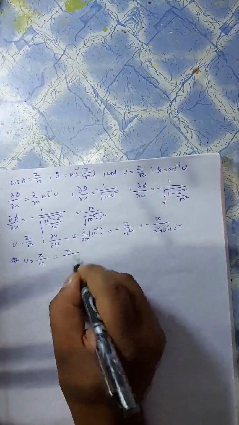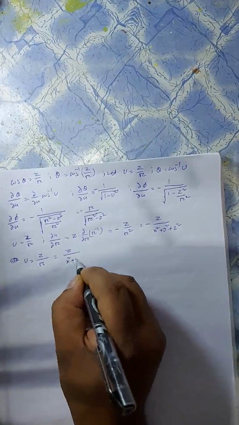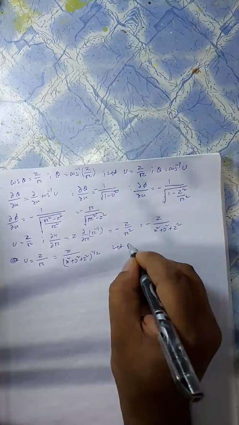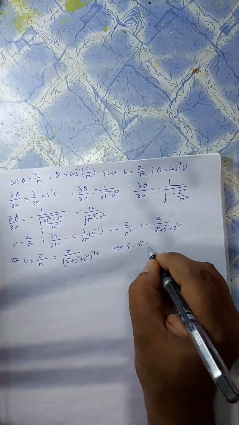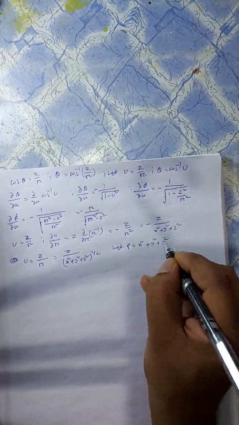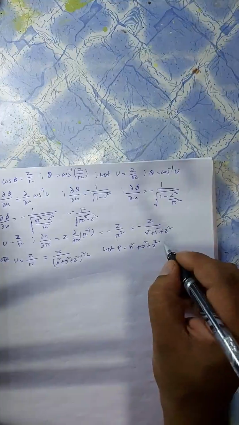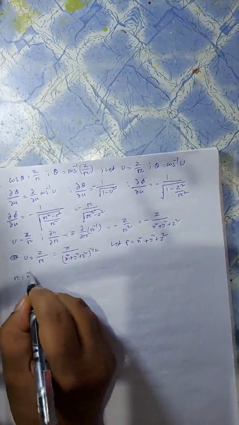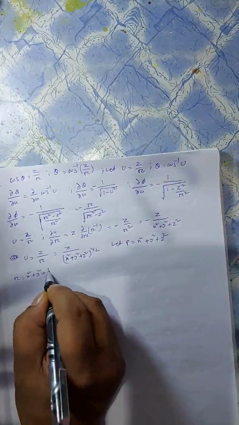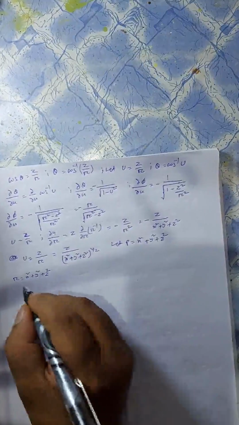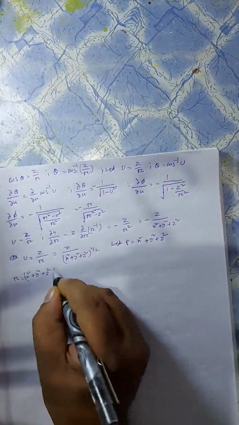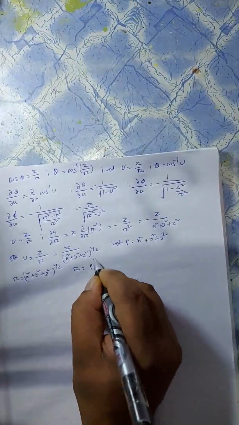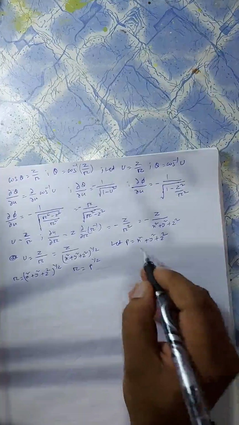Here r means x square plus y square plus z square to the power half. You can let p be equal to x square plus y square plus z square, then r is equal to p to the power half.